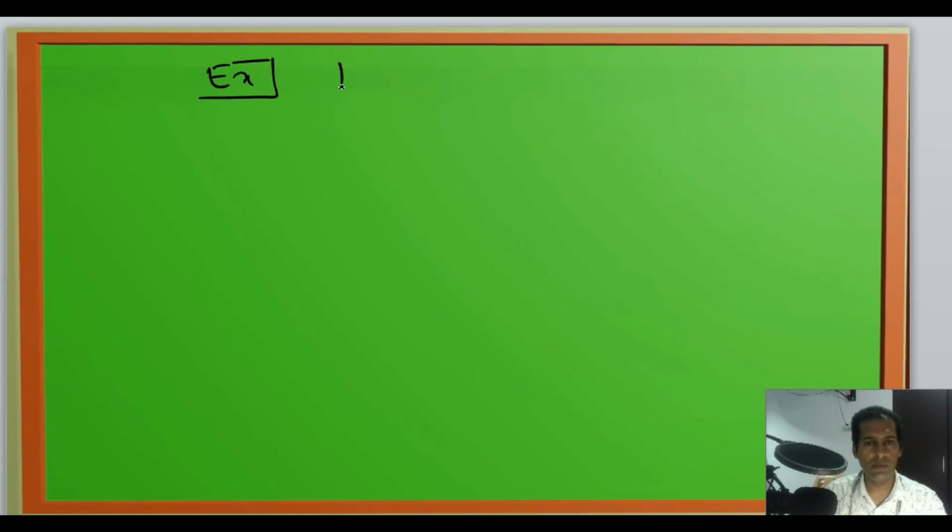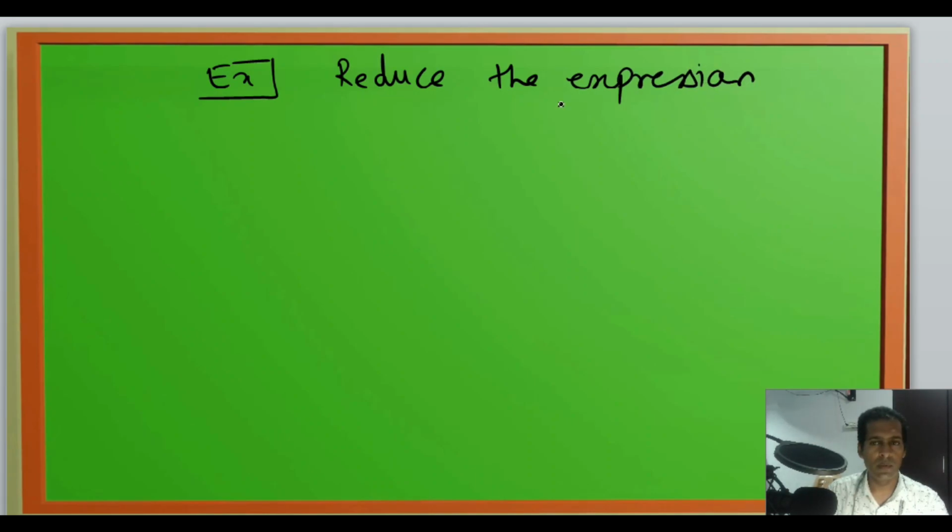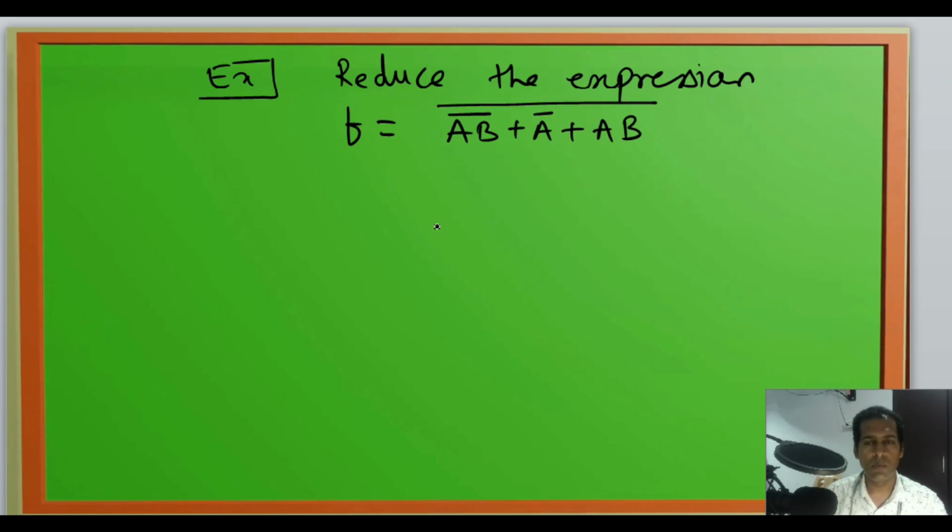Reduce the expression f is equal to AB bar plus A bar plus AB, whole bar.